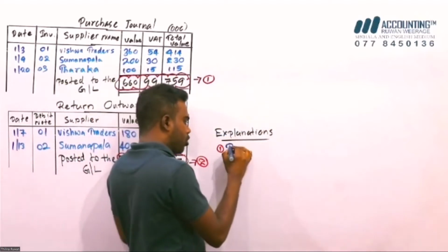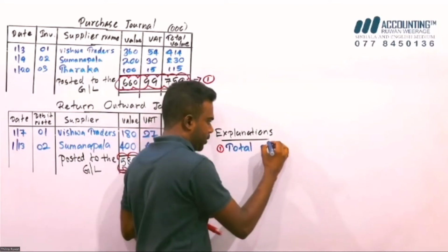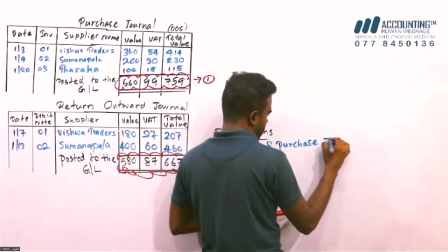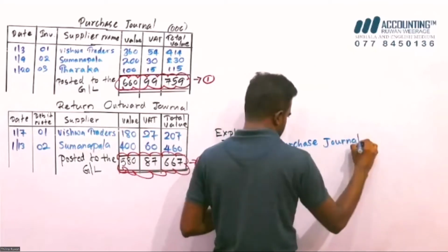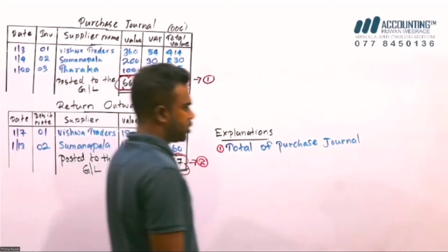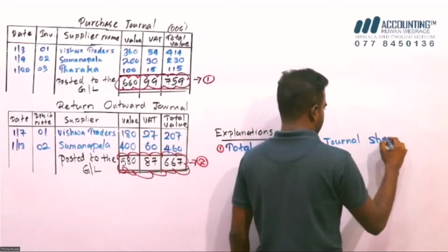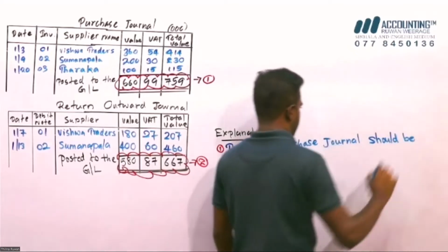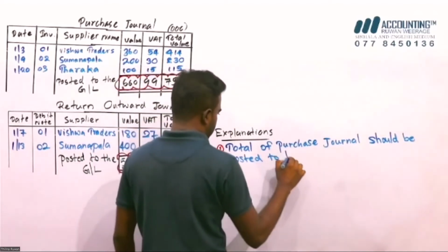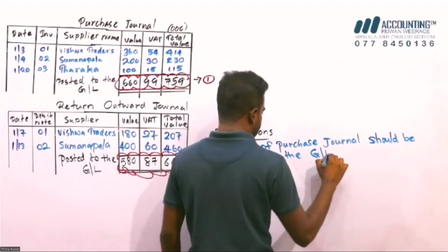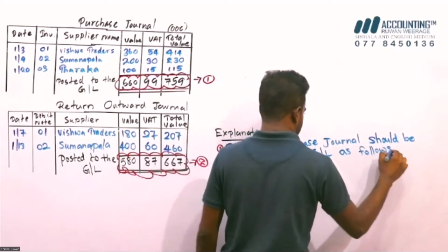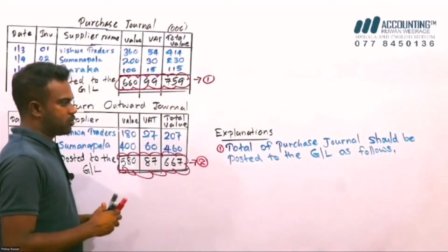Write down: total of purchase journal should be posted to the general ledger as follows.